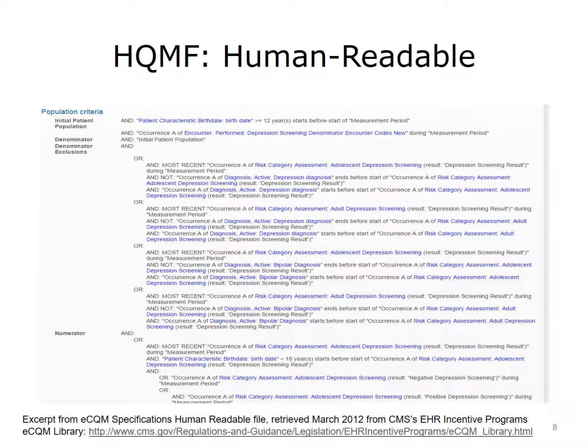Here we see a portion of the human-readable Health Quality Measures Format, HQMF, specification. The reader can read how Boolean logic applied to various data elements, differentiated by font color, and embedded QDM functions will produce desired results according to the measure's intent when applied to EHR data representing a specific patient population.